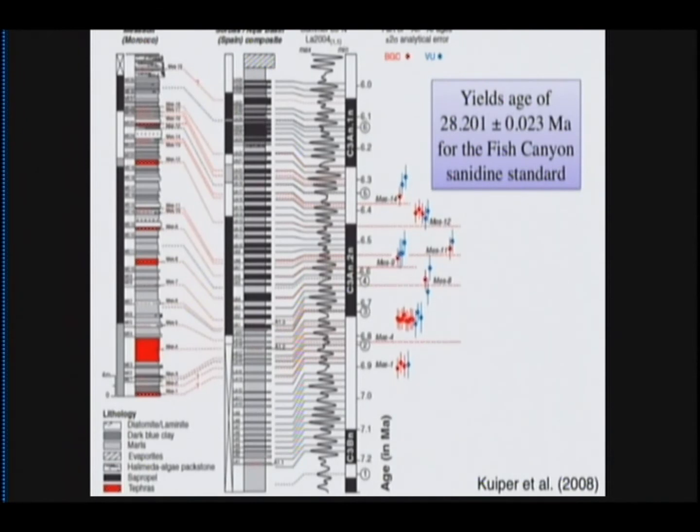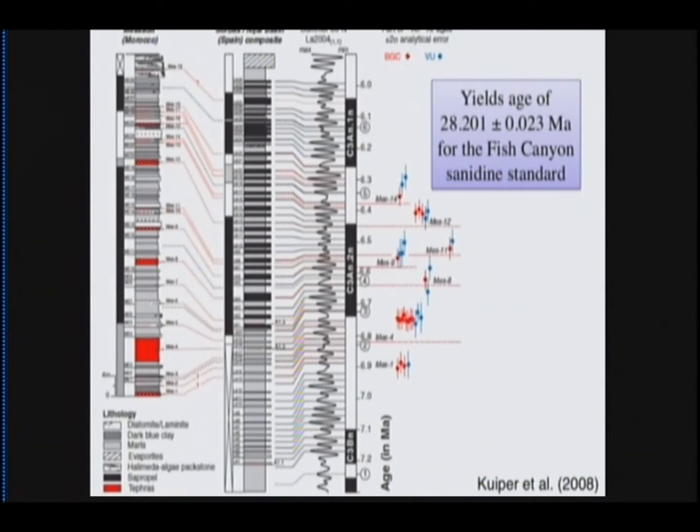So if you take the average of all of these ages, which are all based on the Fish Canyon Sanidine Standard, if you take the R values that you get from that and use the age from the astronomical tuning model, you come up with an age of 28.201 plus or minus 0.023 million years for the Fish Canyon Sanidine Standard.